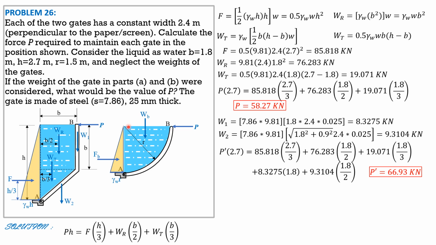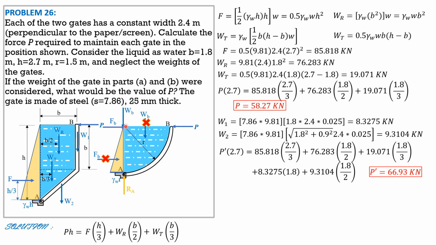So by principle of transmissibility of a force, we can move the resultant along its line of action at the center here, or we can move the components of the resultant here by principle of transmissibility. So the reaction is denoted by RA, and we delete FB, replace and WB, and transfer them here.